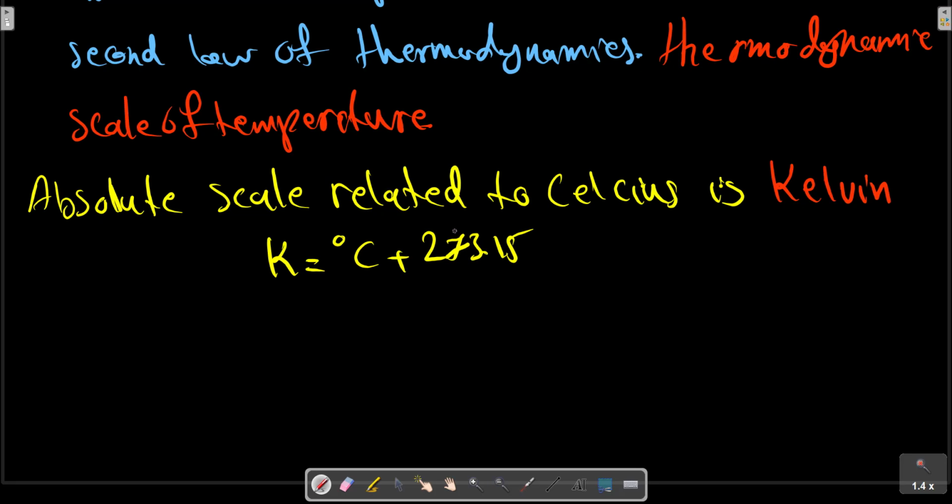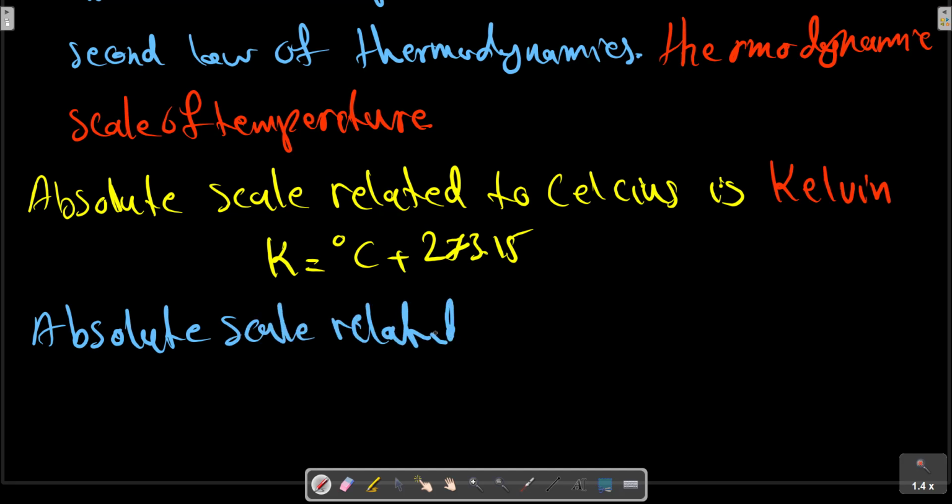The absolute scale related to Fahrenheit is Rankine.